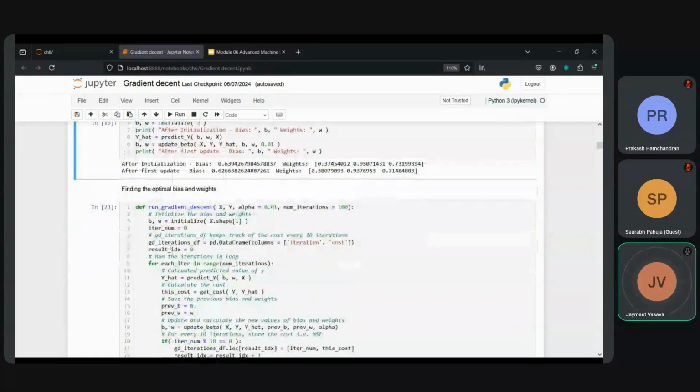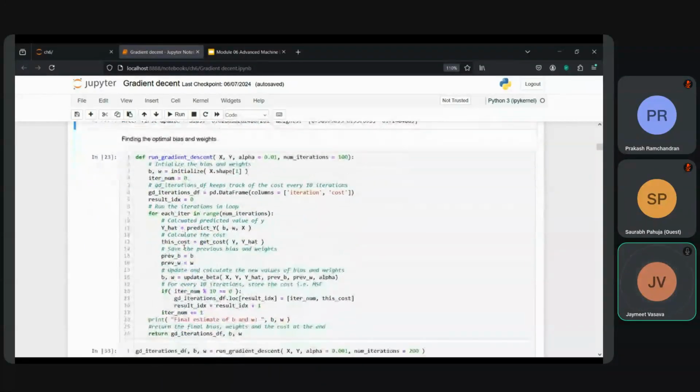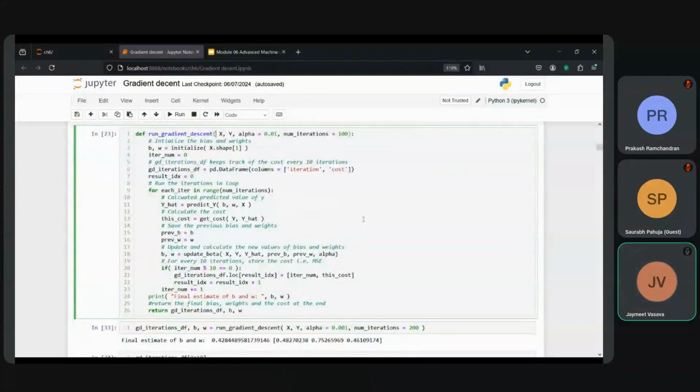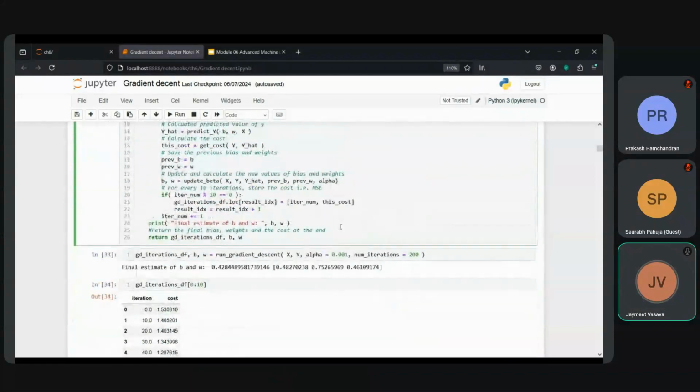Now we want to find the optimal values of bias and weights, for which we define this run gradient descent. First we tried it with the alpha value of 0.001 and the number of iterations of 200.